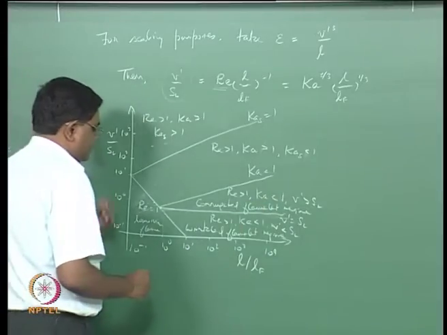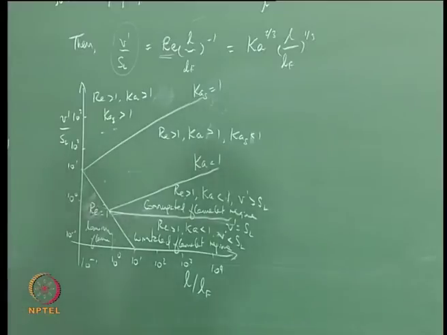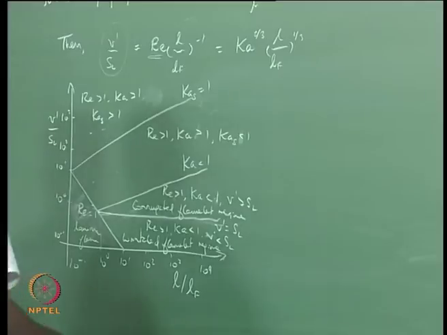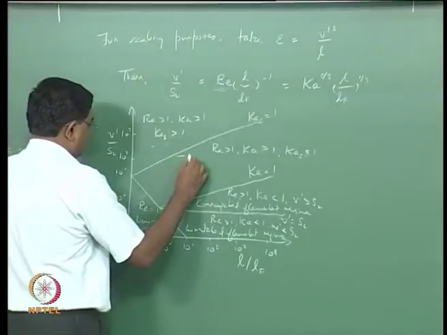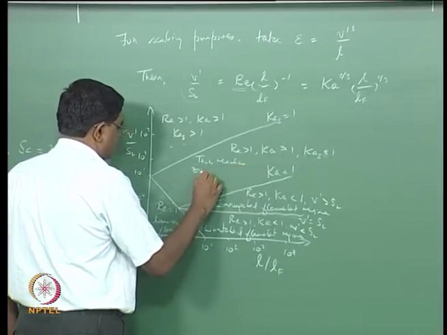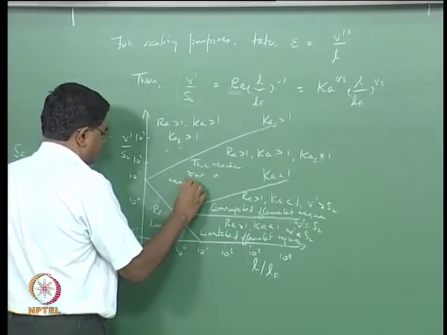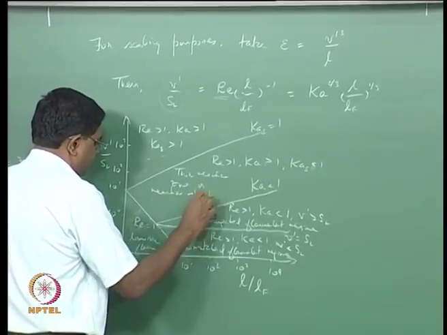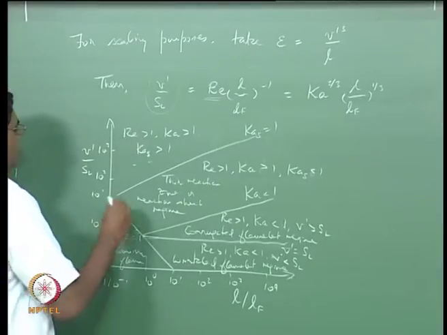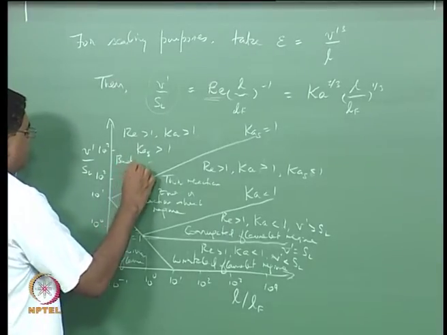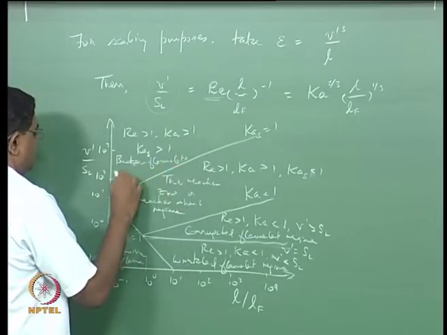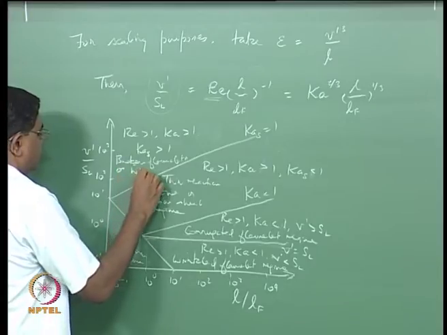We are going to call this the thin reaction zone regime or reaction sheet regime. You can call it either way. And this is what you would call the broken flamelets regime or the well stirred reactor regime.